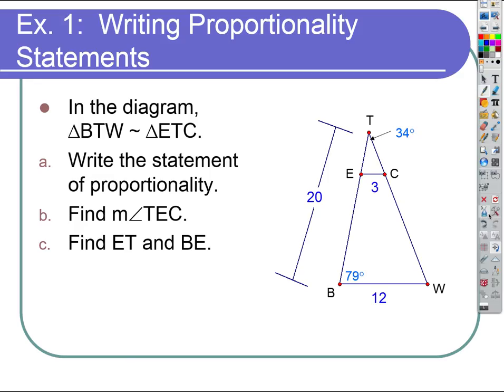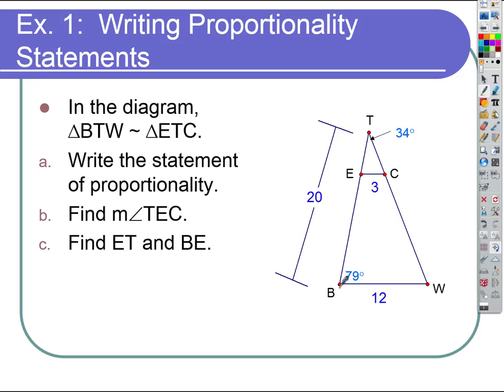It's got to be 79, doesn't it? Because would you agree angle TEC corresponds to angle TBW, or angle B? So they have to be congruent. So that's one thing we know. That's 79.